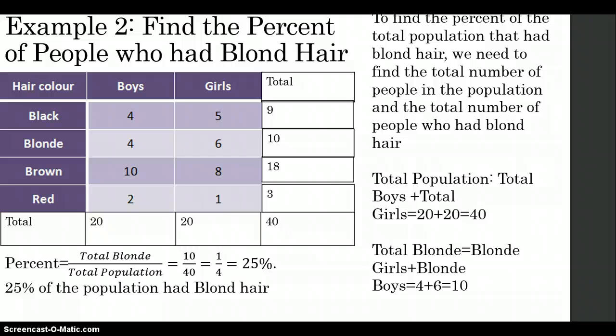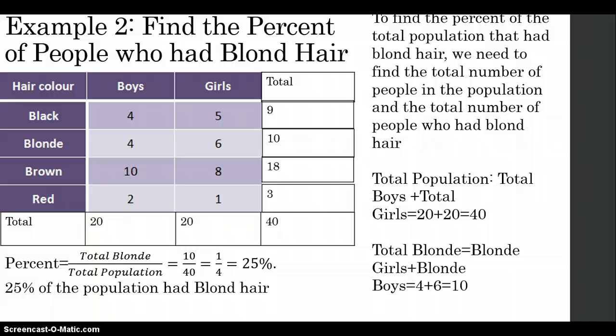Example 2, you want to find the percent of people who have blonde hair. So to find that percent, we need to find the number of people with blonde hair. So how many girls had blonde hair plus how many boys had blonde hair. We need to find the total population, which is the total number of boys plus the total number of girls. So the total number of people who had blonde hair is 4 for the boys and 6 for the girls. So a total number of 10 people had blonde hair.